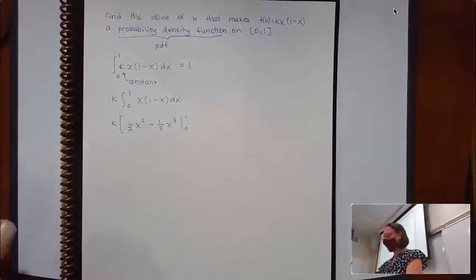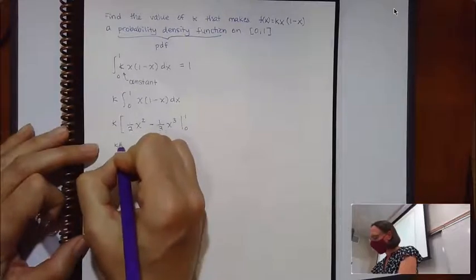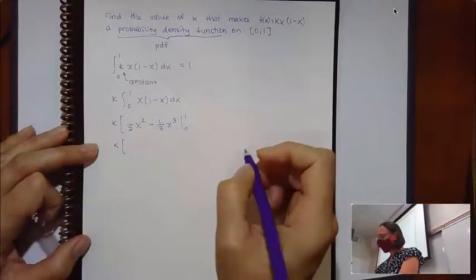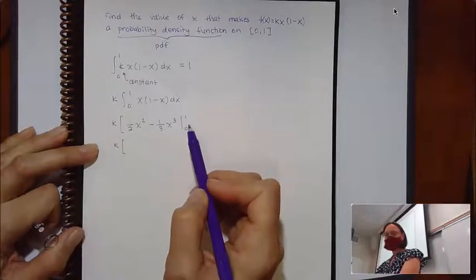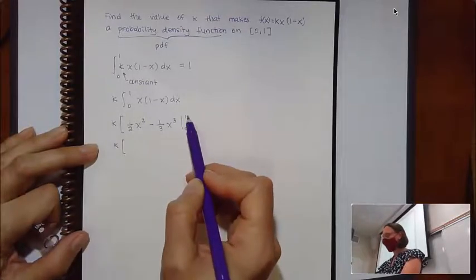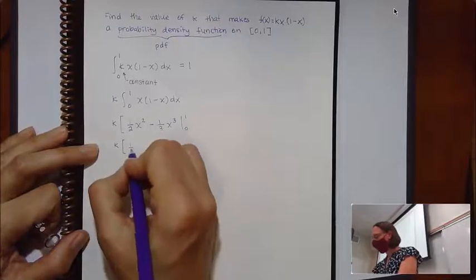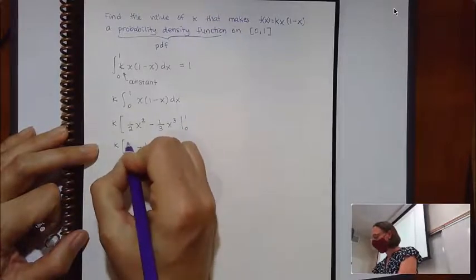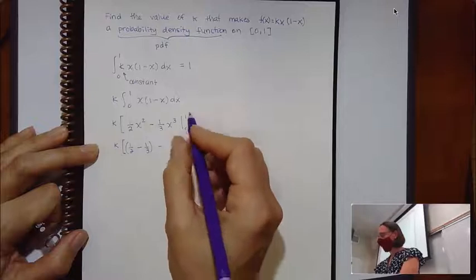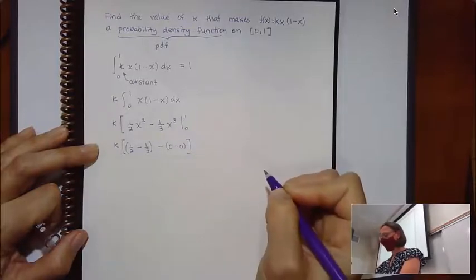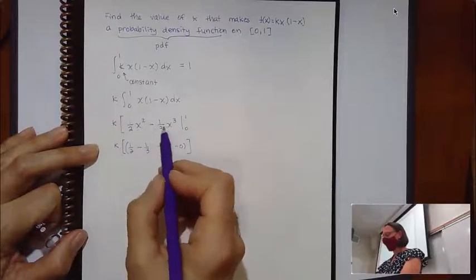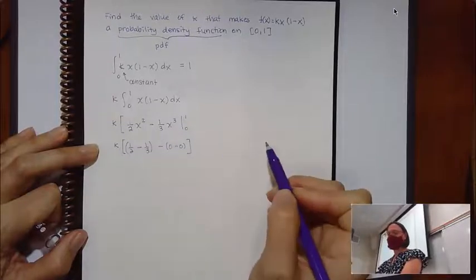Is it a fractions problem? No, I got K times 0 equals 1. I think we're not going to get 0. If I plug in the 1, I'm going to have 1/2 minus 1/3. And when I plug in 0, I'm going to have 0 minus 0. But when we plug in 1, I think we should definitely have 1/2 minus 1/3.